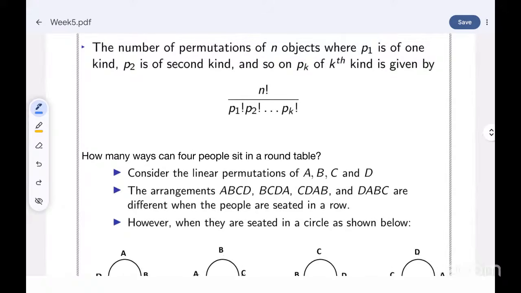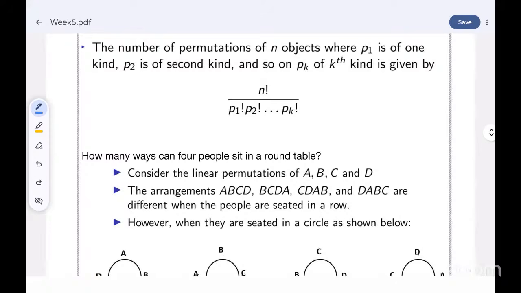Now the next scenario is how many ways can 4 people sit at a round table? First of all, consider the 4 people as A, B, C, D. There are several ways you can arrange them.